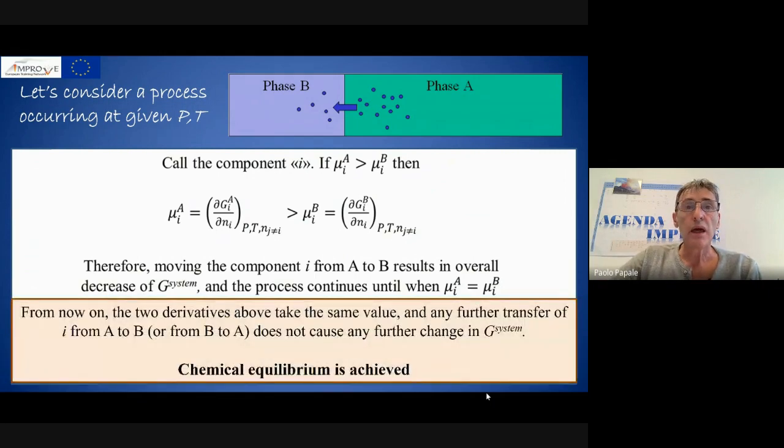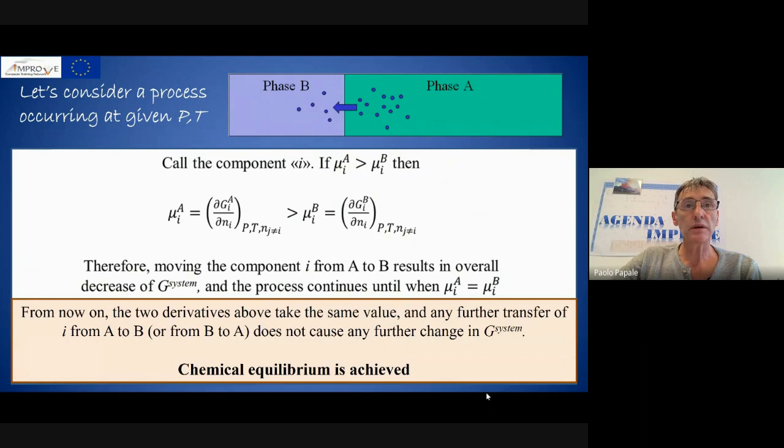At this time, any further negative change of the Gibbs energy upon loss of the component from one phase will be exactly compensated by the positive change of the Gibbs energy of the other phase. Transfers in both directions continue, but they are equally likely to occur, therefore, on average, they cancel out. Although at the microscopic level, molecules continue to flow in both directions, macroscopically, nothing is seen to evolve anymore, and chemical equilibrium is achieved.